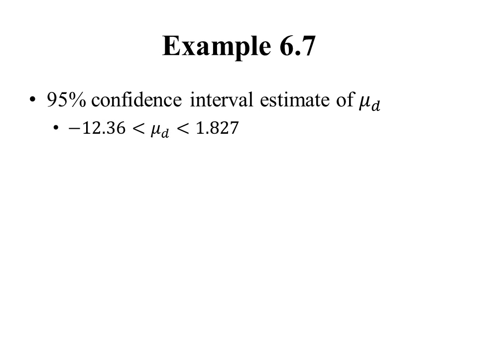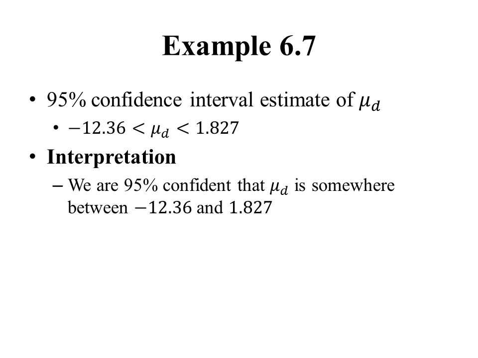So kind of summarizing our results here, our 95% confidence interval estimate is that mu sub d is somewhere between the lower limit of negative 12.36 and the upper limit of positive 1.827. So we would interpret this in the same way as every other confidence interval.